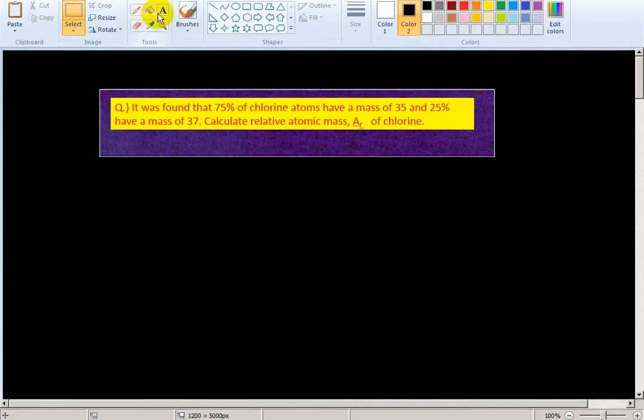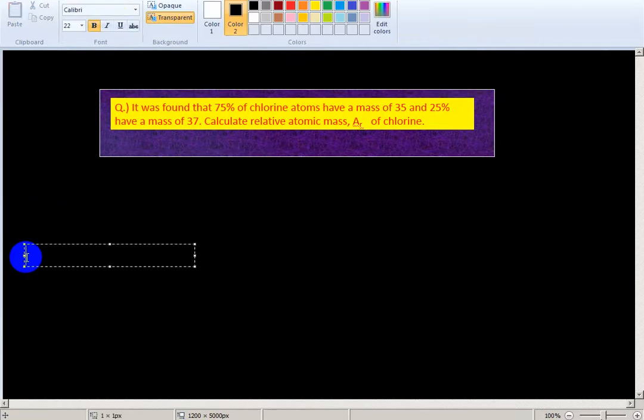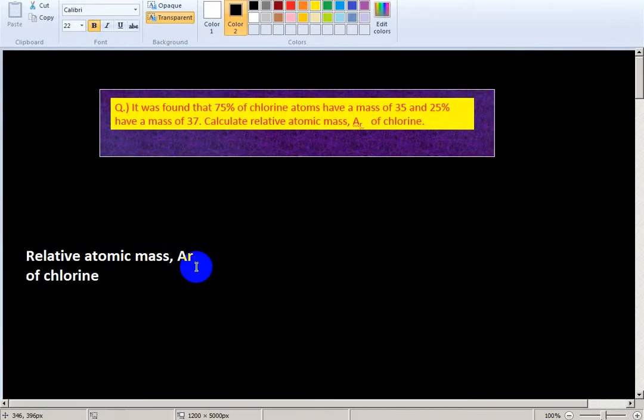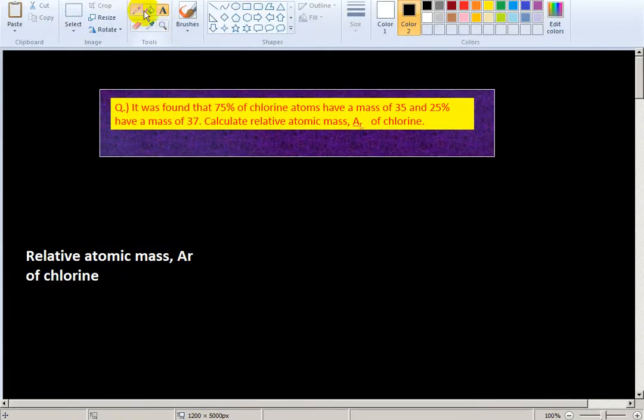So I am solving this problem: the relative atomic mass Ar of chlorine, equals.